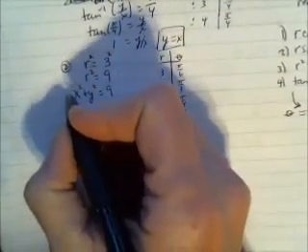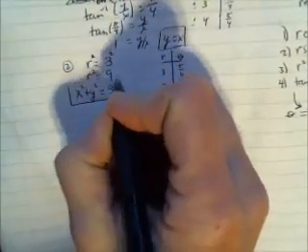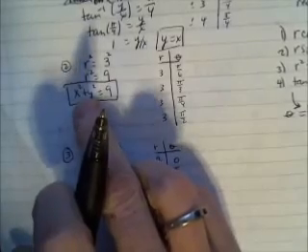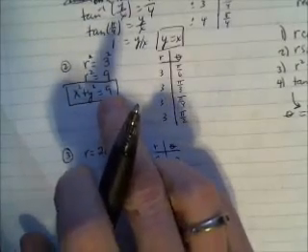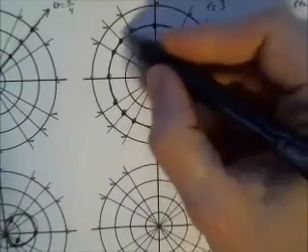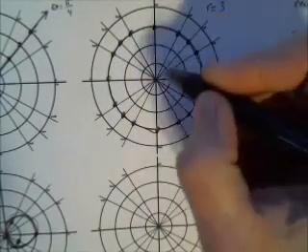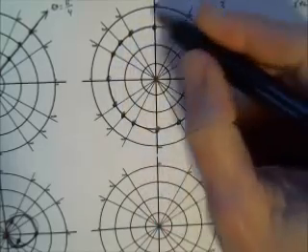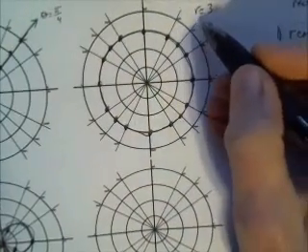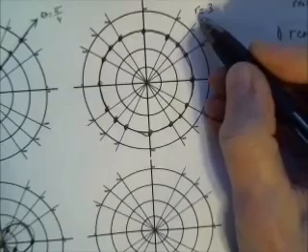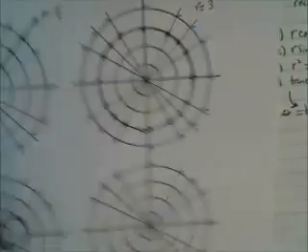This is our rectangular equation for the second graph that we did, because x squared plus y squared equals 9 is the rectangular equation of a circle whose center is at 0, 0, and whose radius is the square root of 9, or 3. And that's what we graphed yesterday on our polar paper. If this were in rectangular coordinates, this would be x squared plus y squared is equal to 3. But in polar coordinates, this equation is r equals 3.